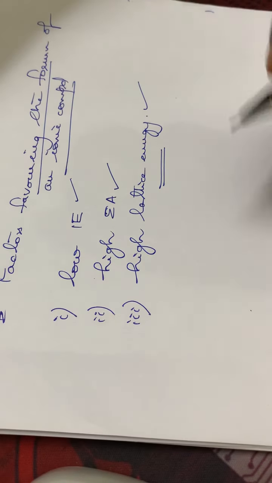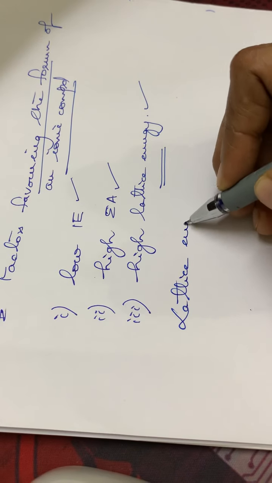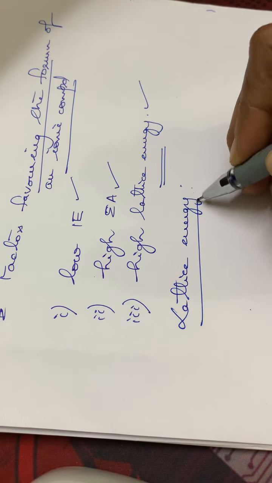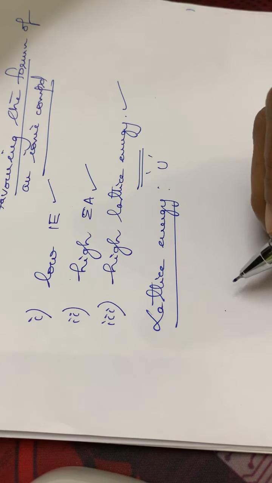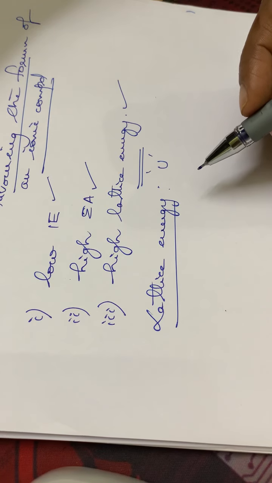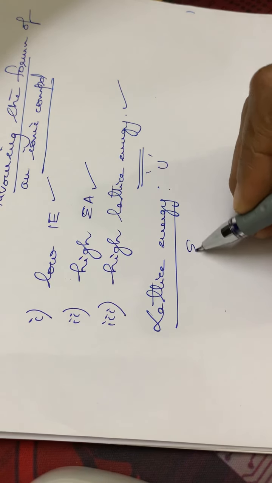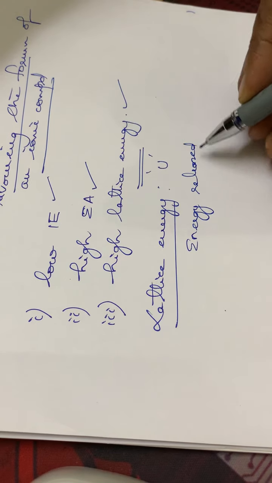Then the next one, we can go through the lattice energy. Lattice energy, and is denoted as U. Okay. So how will you define lattice energy? We had already seen during the formation of NaCl, the energy released, lattice energy, it is the energy released. That is one point you have to take into account.